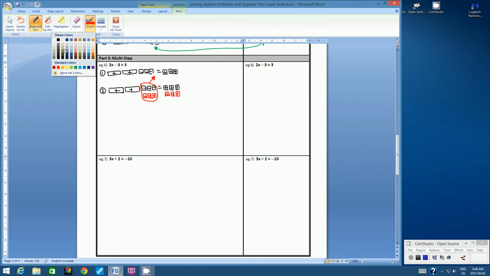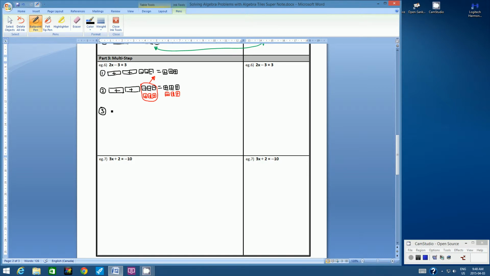Okay? All right. So I'm going to imagine that these 6 tiles, these 3 zero models, are gone. What would I be left with? I would be left with 2x equals positive 6. Okay, so here's where we use our Part 2 video strategies of making groups.